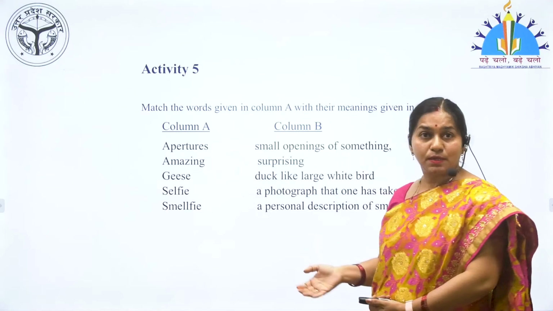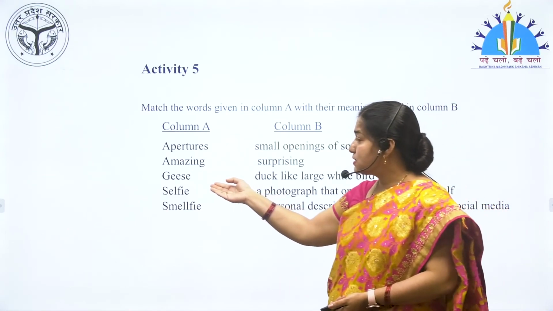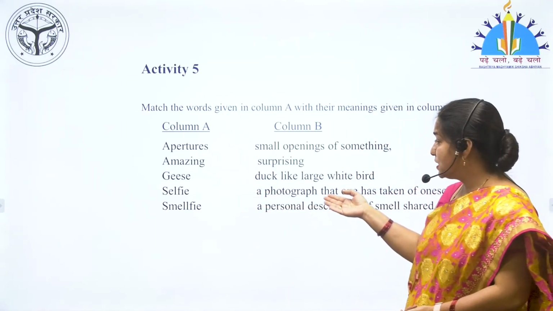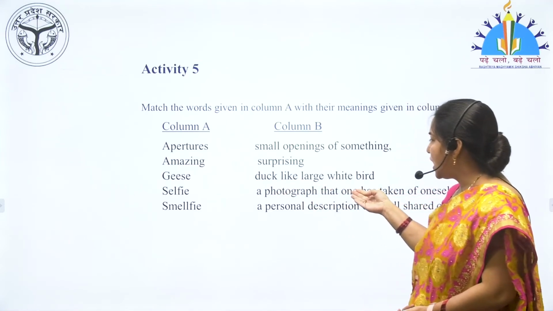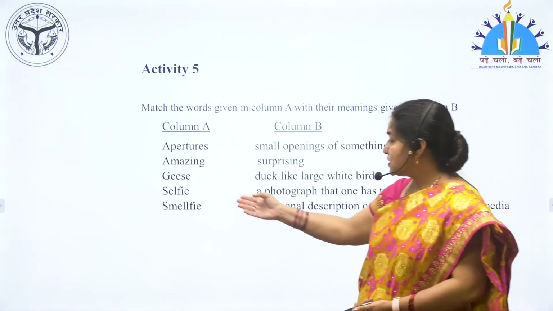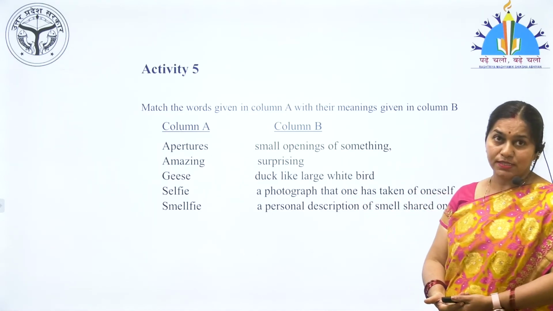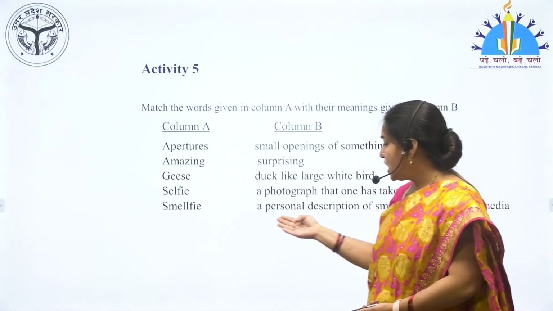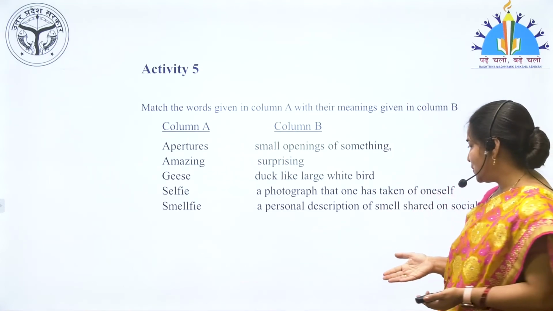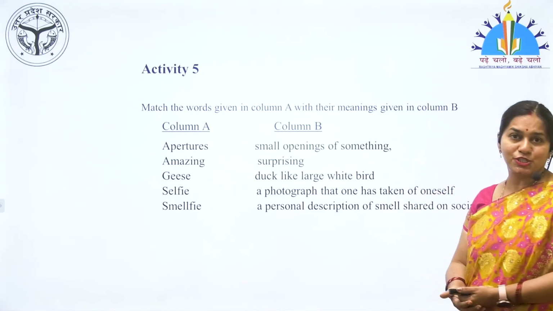Amazing means surprising. Geese, I have shown you the picture of geese. Duck-like large white bird. Selfie, a photograph that one has taken of oneself. Smellfie, a personal description of smell shared on social media.